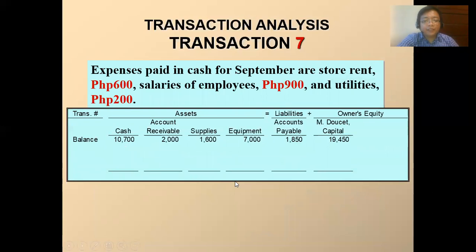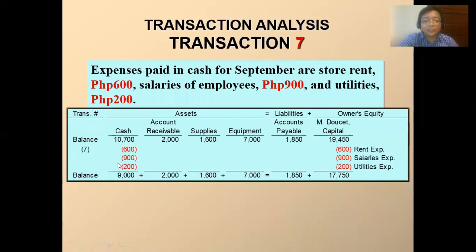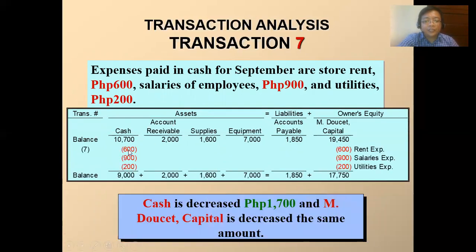Transaction number 7. What if you pay store rent, salary of employees, and utilities, di ba? All of these are part of expenses. Expenses are all deducted from your capital. And also, since you pay cash, it will also deduct from your cash. Yeah? You minus 600, you minus 900, you minus 200, you minus 600, you minus 900, and you minus also 200. Parehas pa ba? I think so.